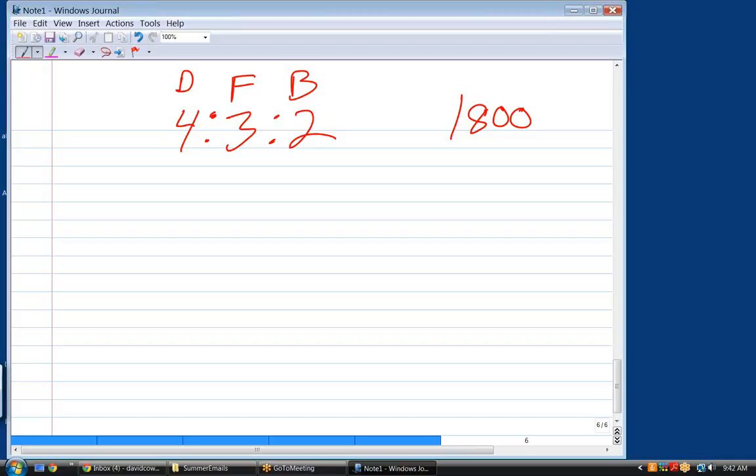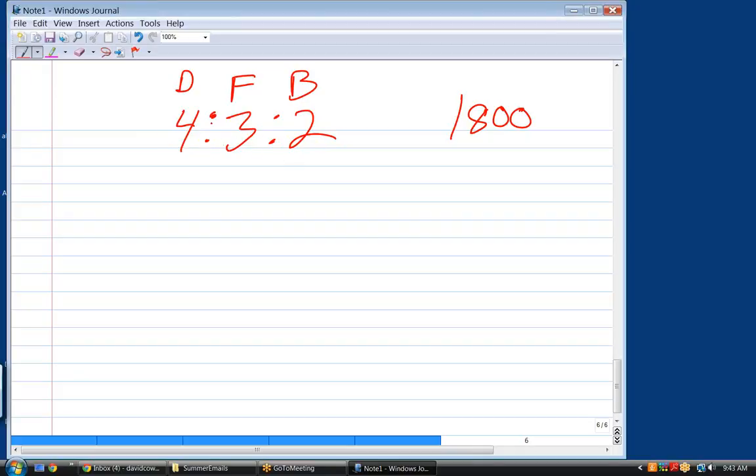Would you add them, divide by 1,800, and then divide it by 3? I mean, yeah, essentially. You're not saying it quite right, but what fraction? In other words, what do these three numbers total? 9.